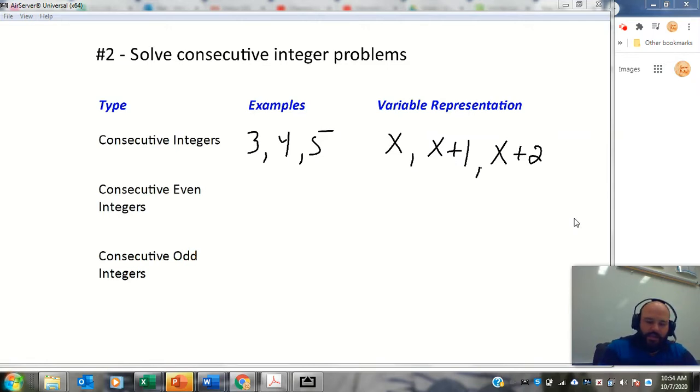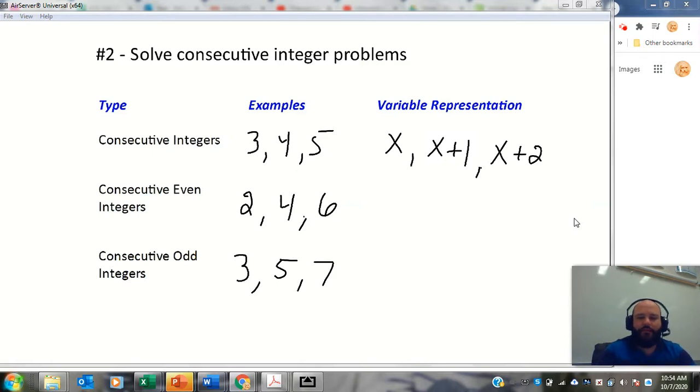An example of consecutive even numbers would be 2, 4, 6. Those three numbers are consecutive even numbers. Consecutive odd numbers would be something like 3, 5, and 7.